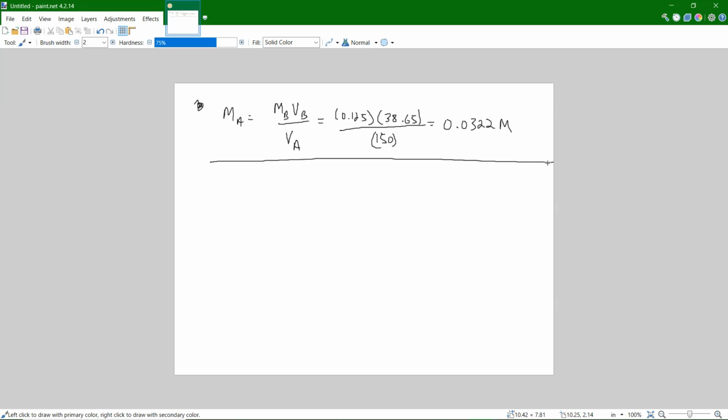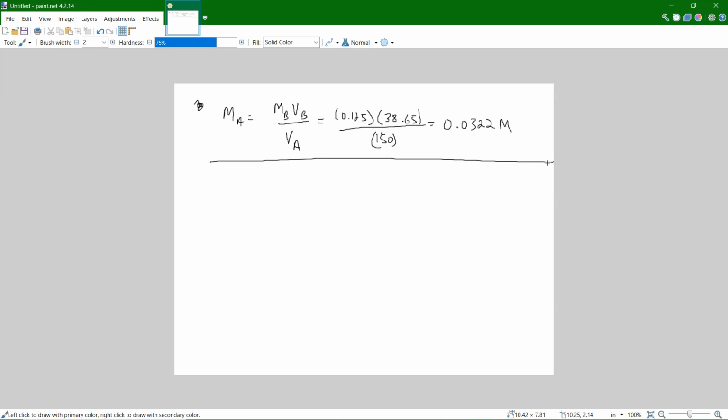Okay, so we'll assume that, it doesn't say how much water, but I'm going to assume that that will come out in the wash.